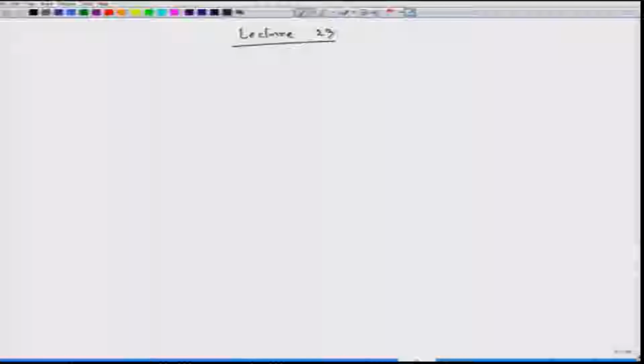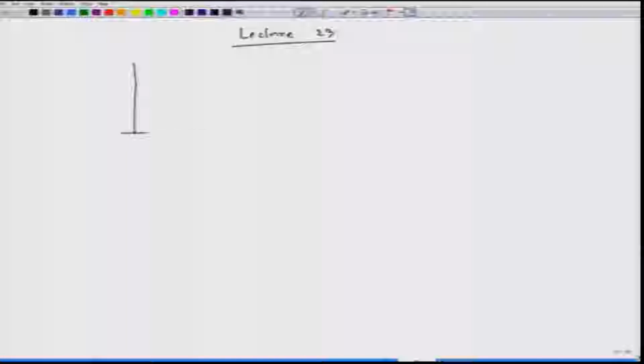So, in the last lecture we started discussing the nickel H2O system, and then we could draw a Pourbaix diagram involving nickel, nickel plus plus and Ni-H2O, and the diagram looked like this.